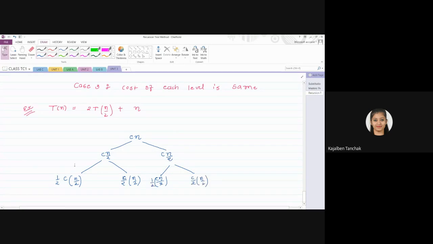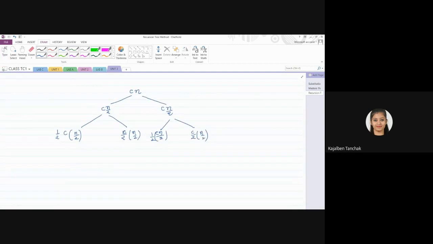If you simplify it, then it will become cn by 4, cn by 4, cn by 4, and cn by 4, right? And we will keep doing this until you reach 1, right? And at this level we have to find the cost.